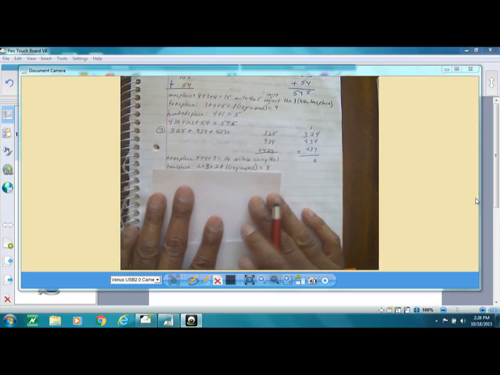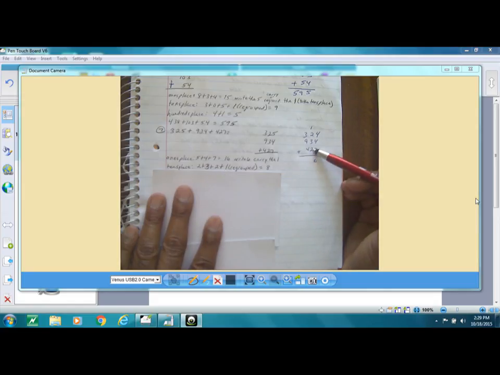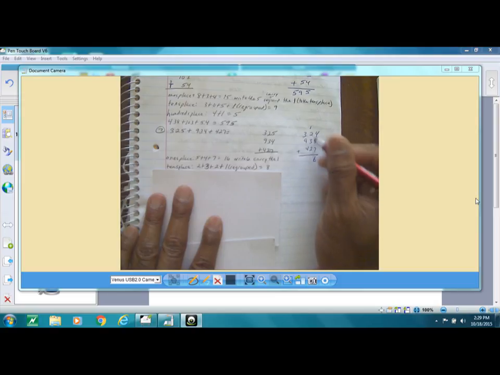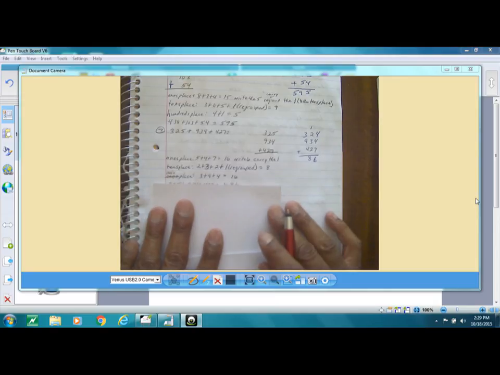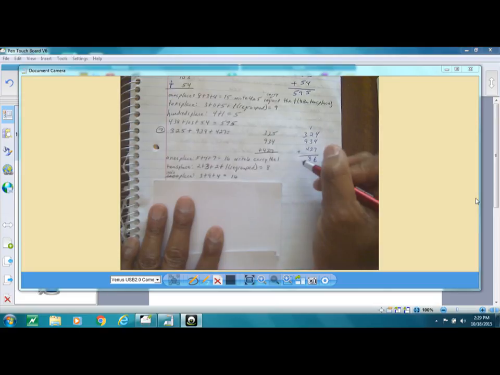When you add the tens place, you have 2 plus 3 plus 2 plus the 1 that we carried. The answer to that is 8. So you write the 8 in the tens place. And you come over to the hundreds place and you have 3 plus 9 plus 4. 3 plus 9 equals 12. 12 plus 4 equals 16.